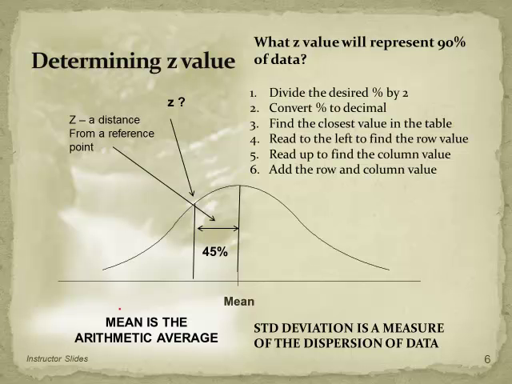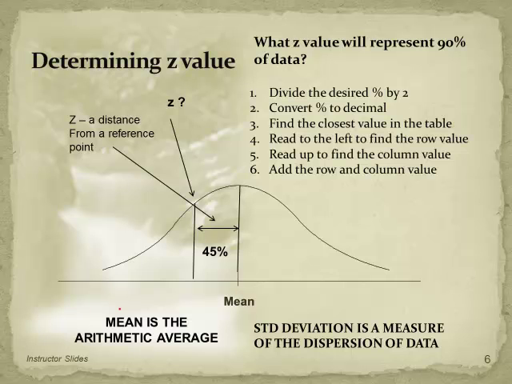So what I've done in this slide is to give you a little procedure on how to look up in the tables that will be provided to you what the z-value is. So the first step is to take the desired percentage and divide that by 2. And we've done that. So 90% divided by 2 is 45%.